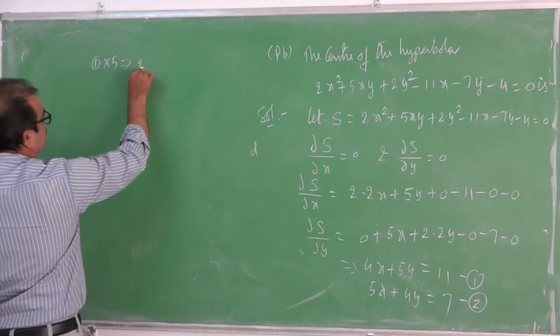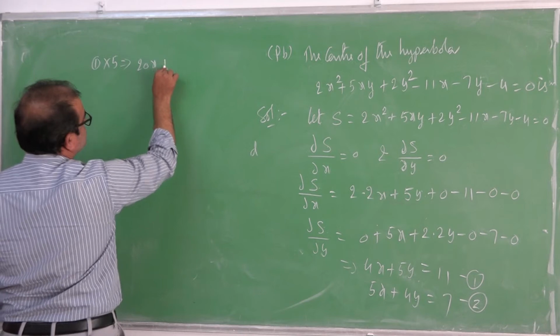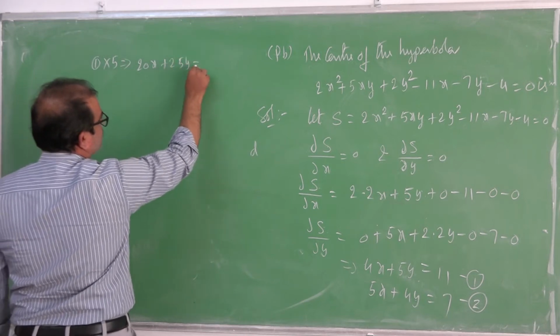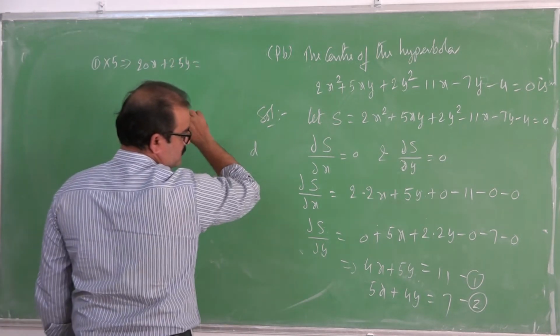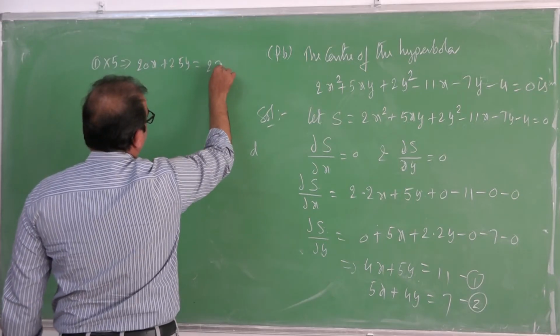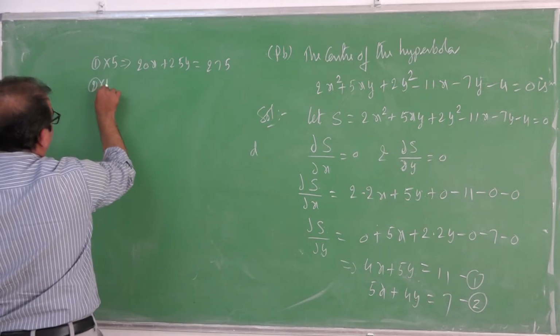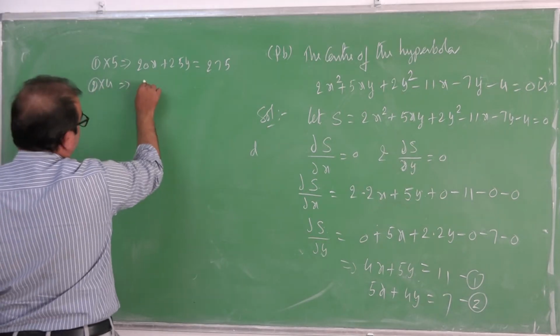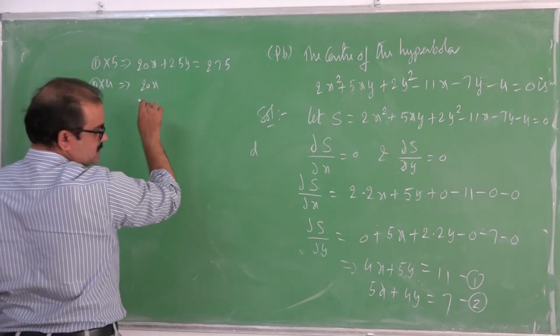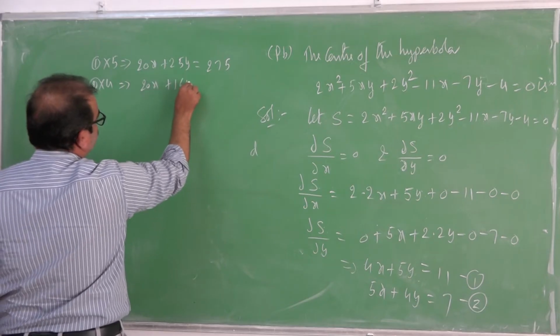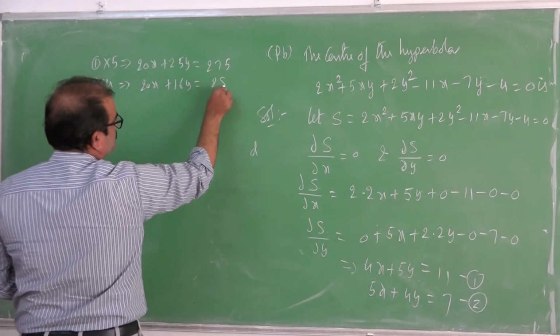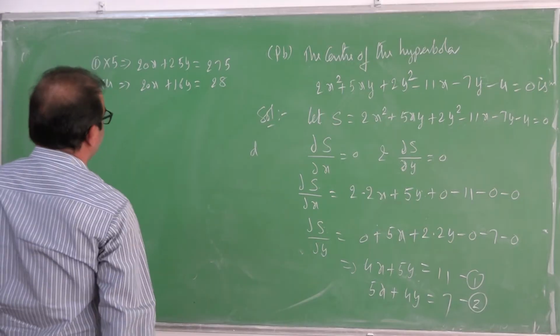We get 20x plus 25y is equal to 55. Equation 2 with 4, 20x plus 16y is equal to 28.